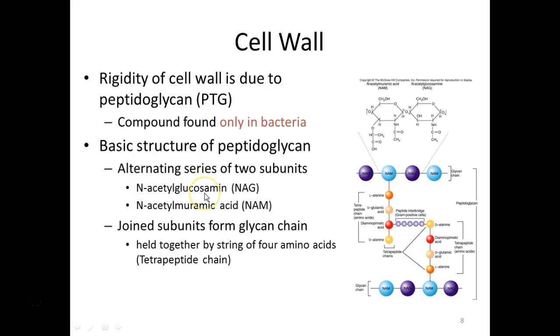It's actually two modified sugars, N-acetylglucosamine, commonly abbreviated NAG, and N-acetylmuramic acid, commonly abbreviated NAM. The good news for you guys is you don't have to spell them or say them. You have to be able to recognize them.